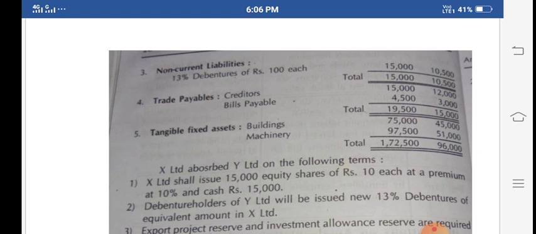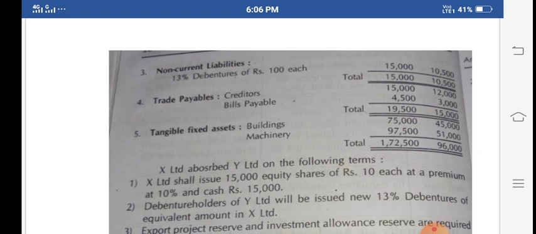Now see the other information for X Limited and Y Limited. X Limited absorbed Y Limited on the following terms. So X Limited is the transferee company and Y Limited is the transferor company.